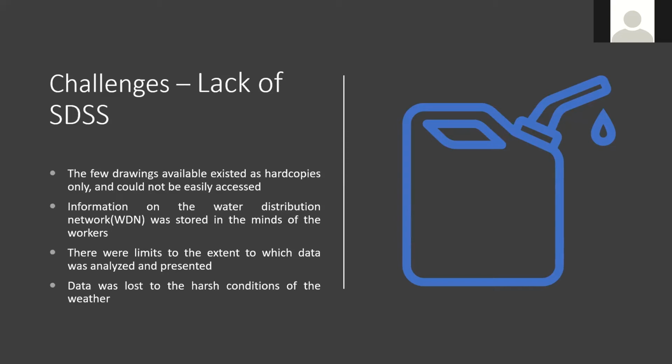So there wasn't any central repository where information on the network was stored and could easily be retrieved. And because this was not available, analyzing the network was also a challenge, because the data needed to do that was not available.